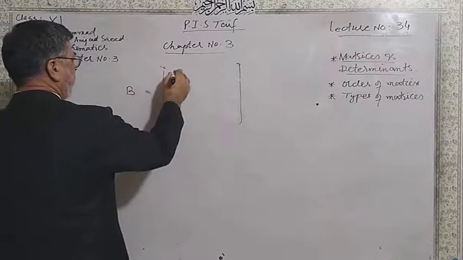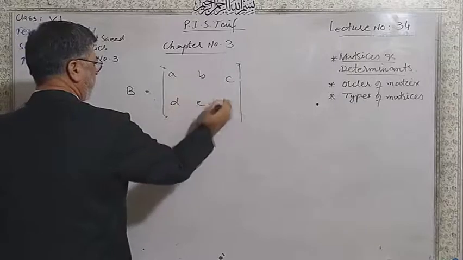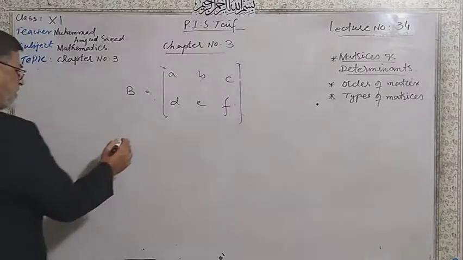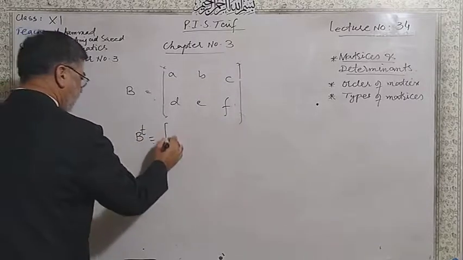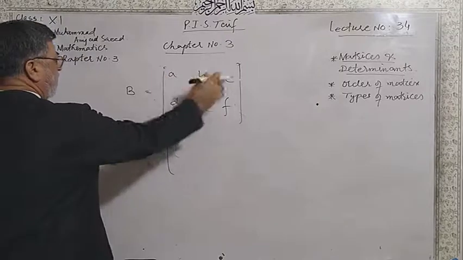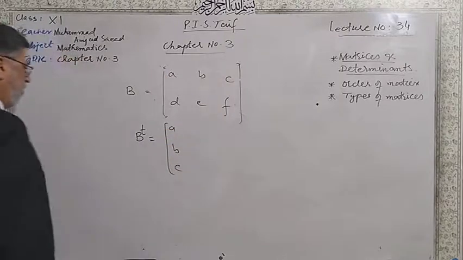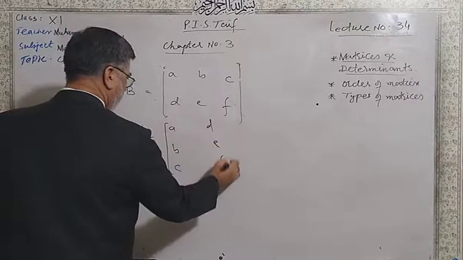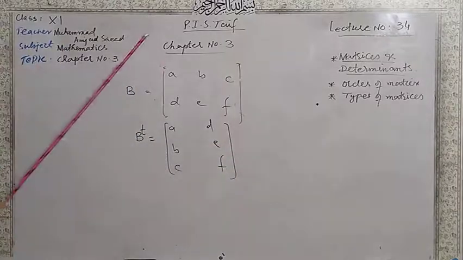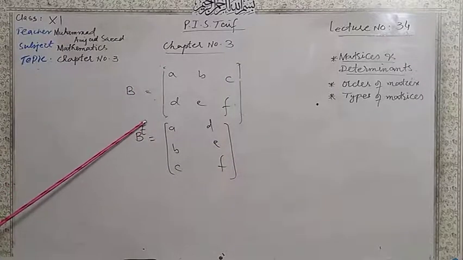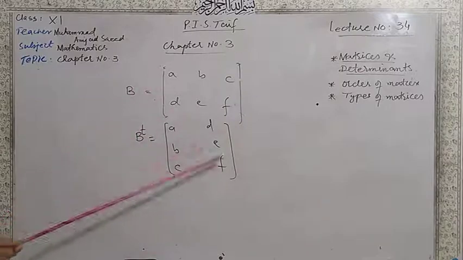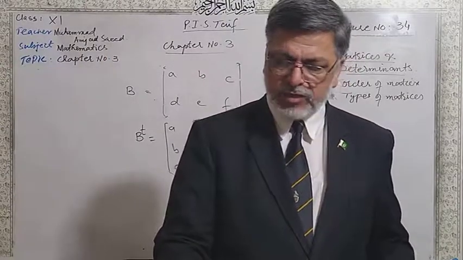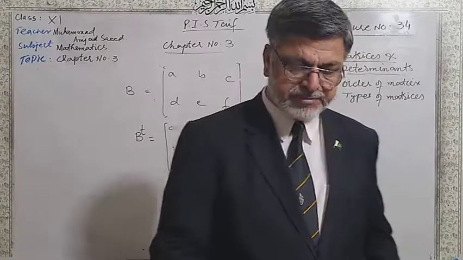For example, this is B: A, B, C, D, E, and F. So what is its transpose? Transpose of B is known as B transpose. First row becomes first column and second row becomes second column. That is known as transpose of B. Similarly, you can write down with any matrix, any order, in this way.